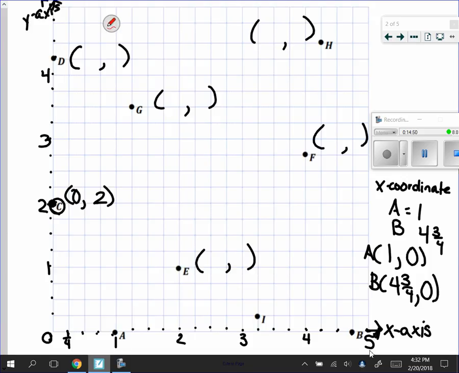Okay, so E: if I go out here, the letter E, it's on the 2, and it goes up to the 1. So the coordinates for E are over 2, up 1. I'm doing these in no particular order. It really doesn't matter. I'm just doing these because they're here. The F, I really hate the lines.